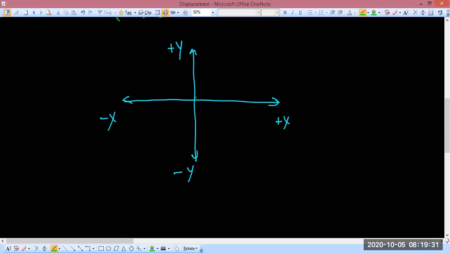Suppose I would draw a vector that is 3 units in length. Okay, let's call this a vector. Then first of all, do you all understand that this a vector should be called 3 i caret? Yes or no?